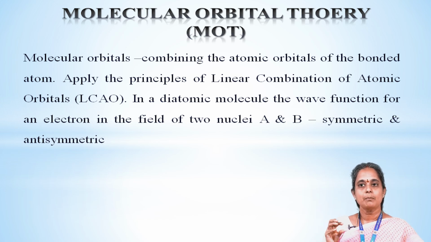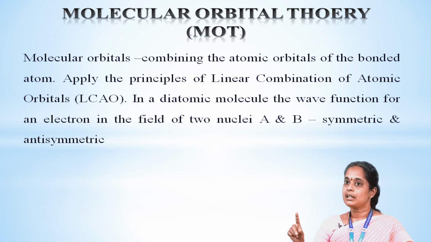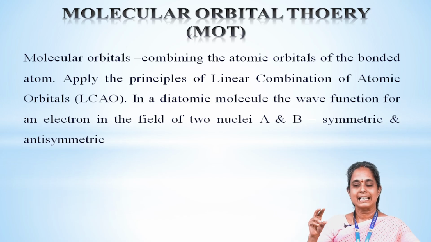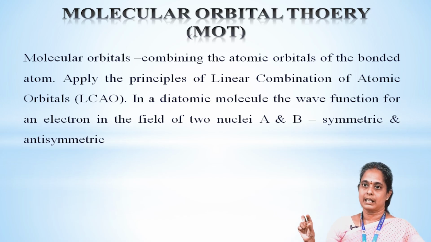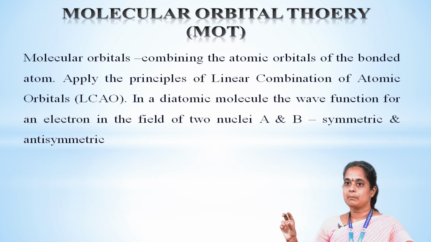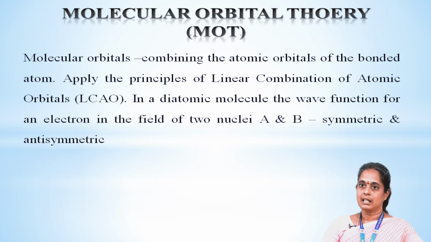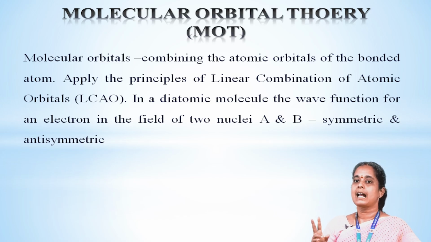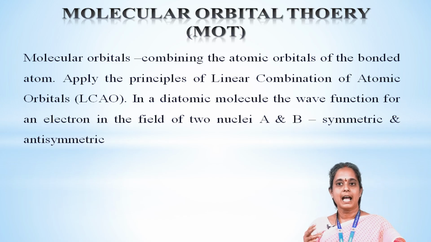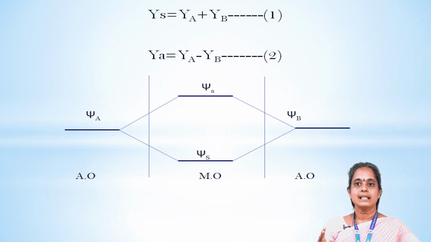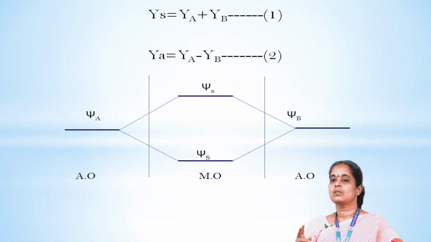In a diatomic molecule, the wave function for an electron in the field of two nuclei, A and B, is given by two modes of combination, that is symmetric and antisymmetric. So we have the equation Ψs = Ψa + Ψb.